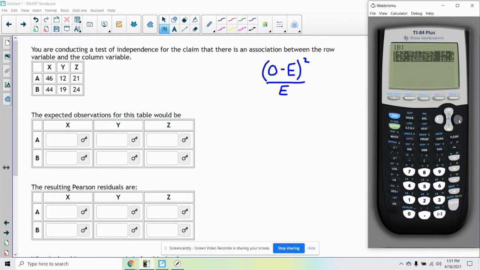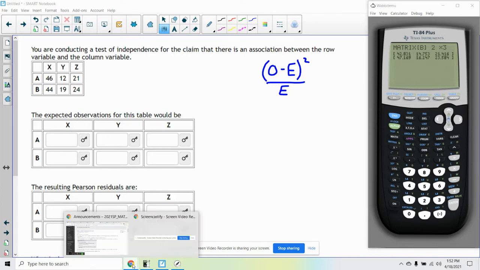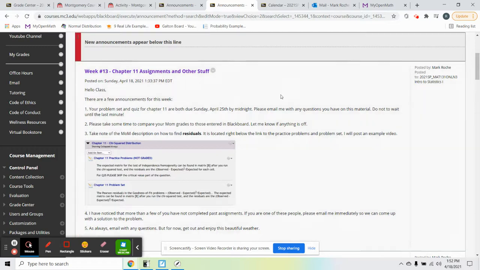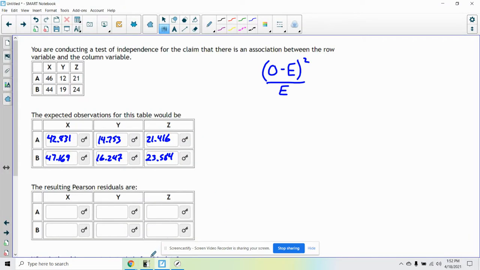So another way you can check these, because it wants 3 decimal places, is to go back to the matrix menu, go over to edit, and edit matrix B. And you'll see all the values are there up to 3 decimal places. Okay, so I'm going to pause the video real quick and copy those numbers down. Okay, so I have my values input into that.